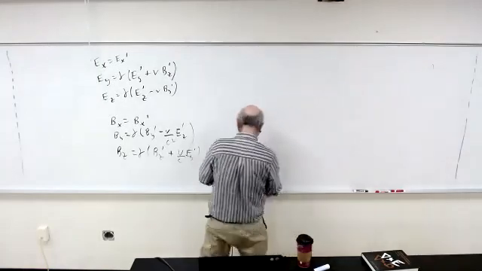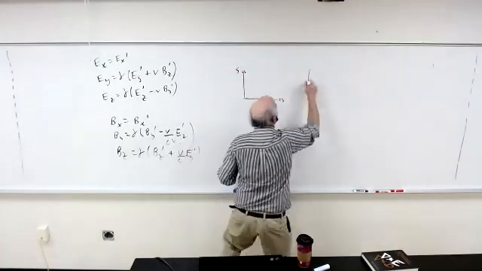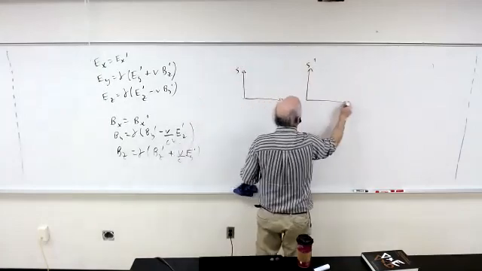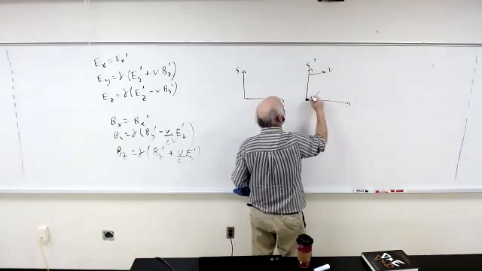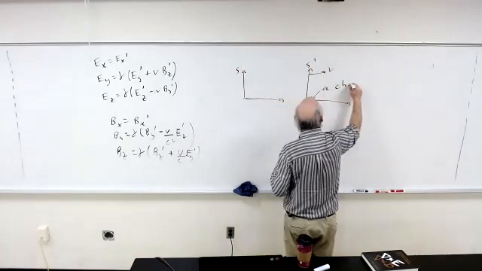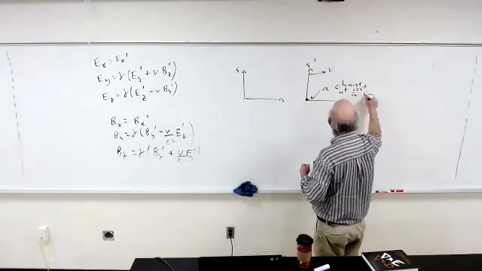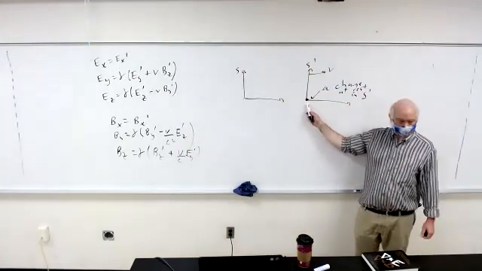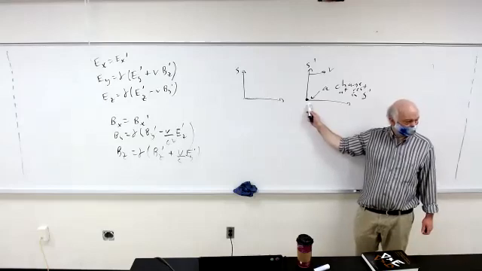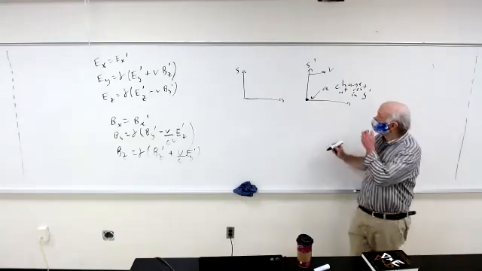So let's take this case here. Let's say here's S prime. And I'm going to have a charge here. This is a charge at rest in S prime, meaning that this charge is also moving with a velocity v along the x prime axis.